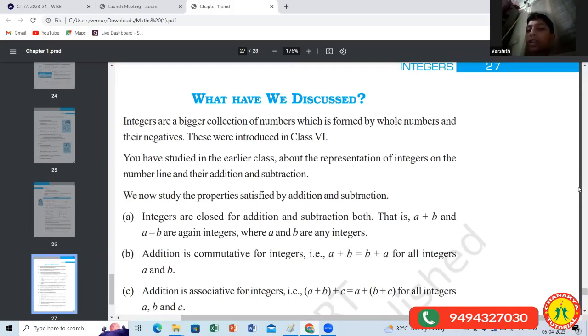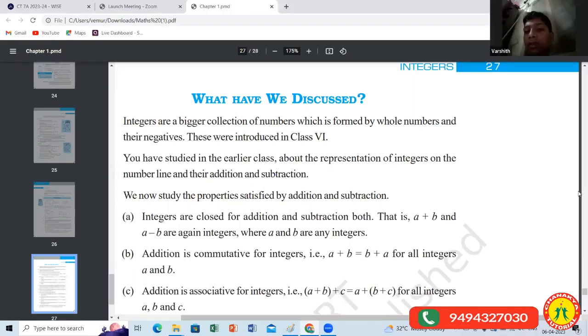We now studied the properties satisfied by addition and multiplication. Integers are closed for addition and subtraction both. That is, a plus b and a minus b are again integers when a and b are any integers. Very good.